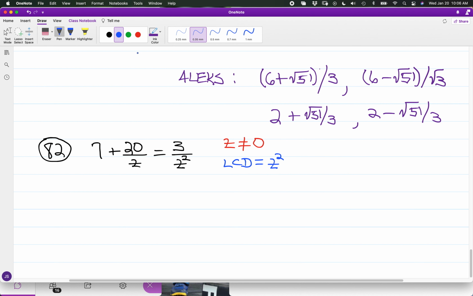And if I multiply all the terms out by z squared, I'll just arrange this where z squared will follow each term, so you have 7 times z squared, 20 over z times z squared, and 3 over z squared times z squared.